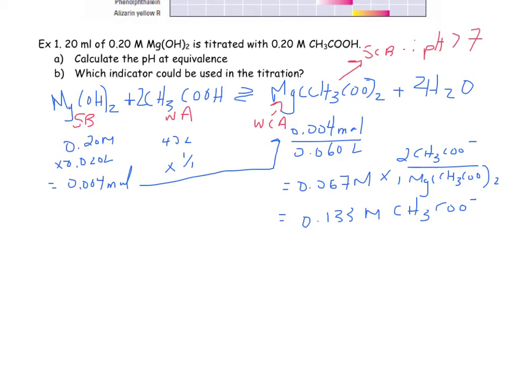I'll now write a Bronsted-Lowry equilibrium using my strong conjugate in my salt. Because acetate is a base, it will accept a proton from the water and make hydroxide ions.